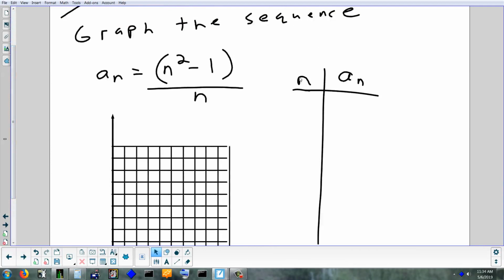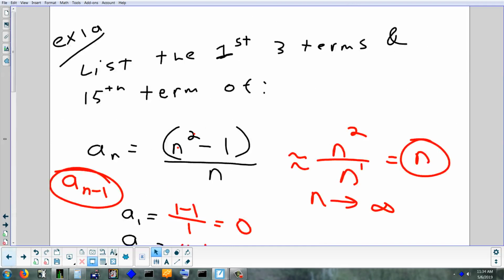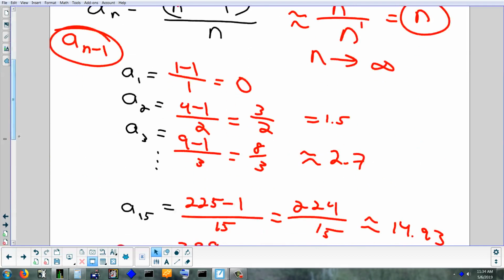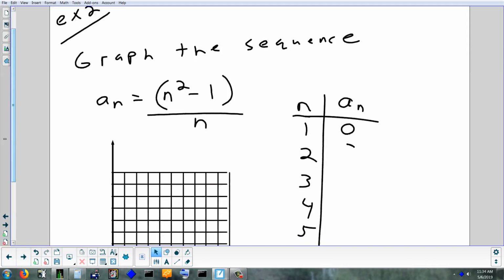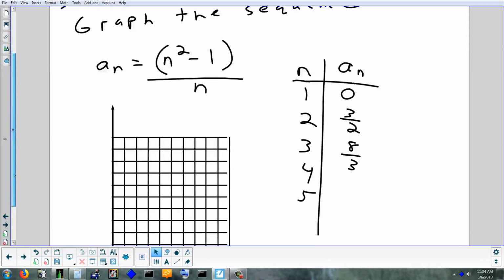We usually start with 1, that's our first value. This is the same formula we just did, n squared minus 1 over n, so we already know what some of these come out to: 0, 3 halves, 8 thirds. I just put in 4 and 5 because I have a little space, and they're going to fit on the graph.